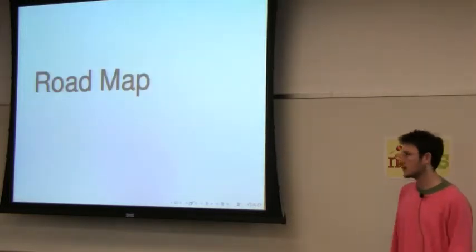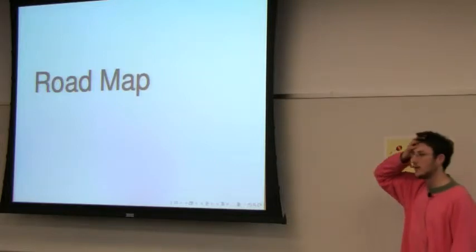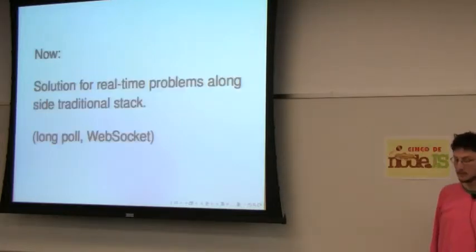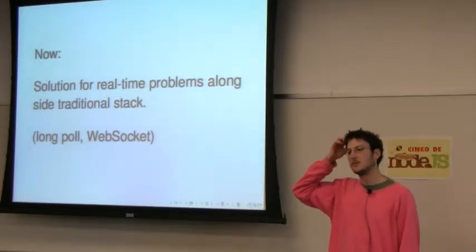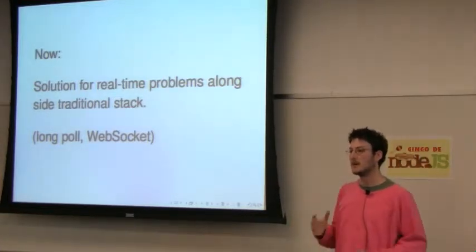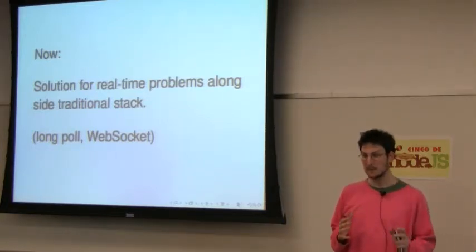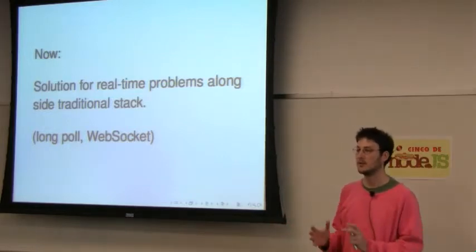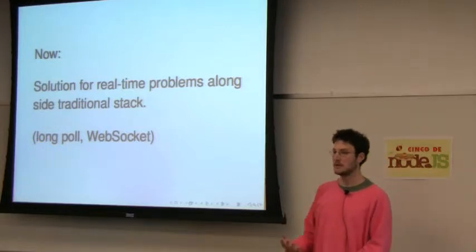Okay. So now just briefly, I want to tell you where I'm going with this program, or what I would like to do. So right now, people are using this very much as a little program to do real-time things, a little chat program alongside your traditional web stack, which you can't do in Apache.